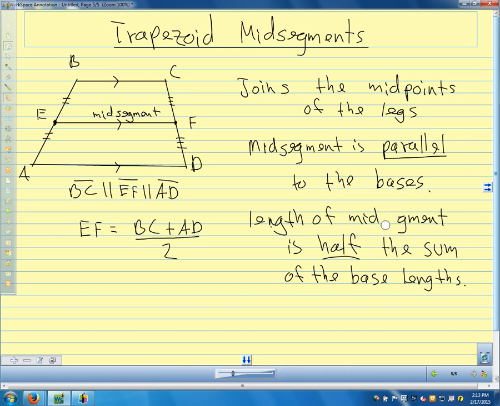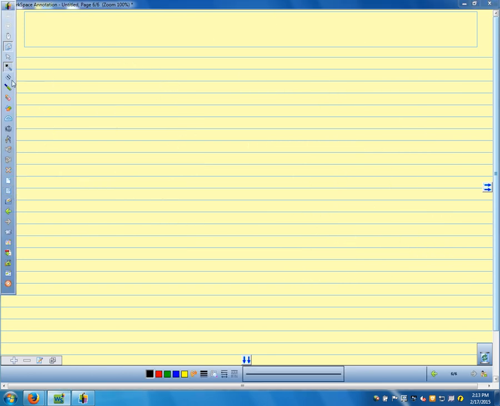All right, let's do one problem that has to do with the mid-segment, and then we'll be done. All right, 6x minus 12, 2x plus 10, and 18.